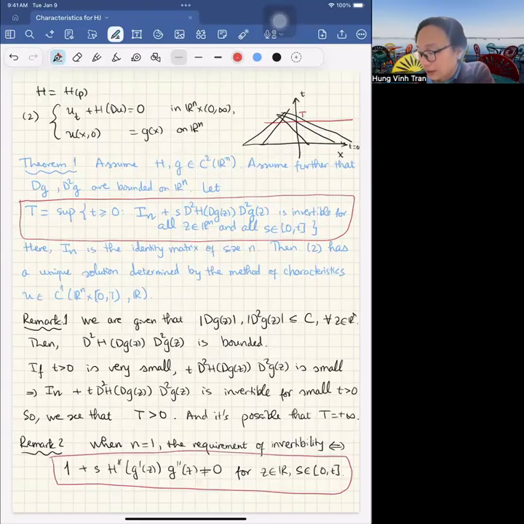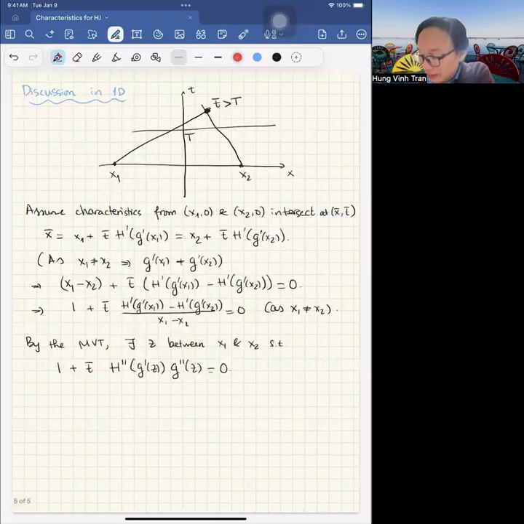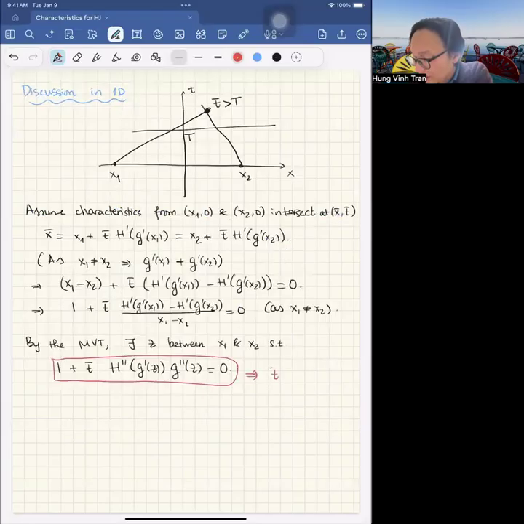We were talking about that for all s between 0 and t, this can't happen, right? So you can see that this equality happens if and only if, so this implies that we must have t bar greater than or equal to capital T, right?